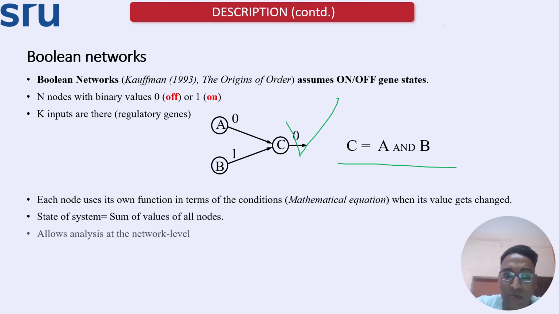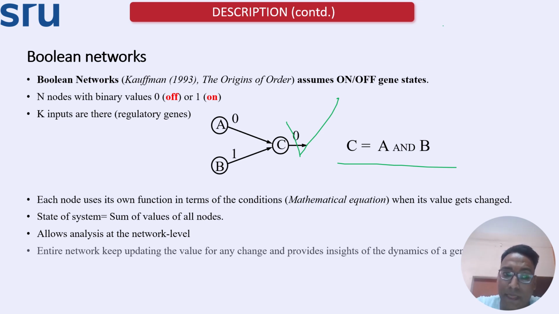Now see here, the state of the system was the sum of values of all the nodes. So that the overall calculation can be done for the complete network, and it allows analysis at the network level. Whenever a change comes up, we constantly keep updating the values. The moment some molecule turns up, it initially comes, but it is then utilized, so the 1 and 0 states will be constantly changing.